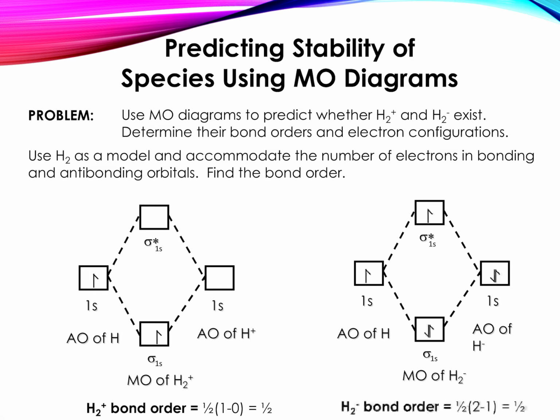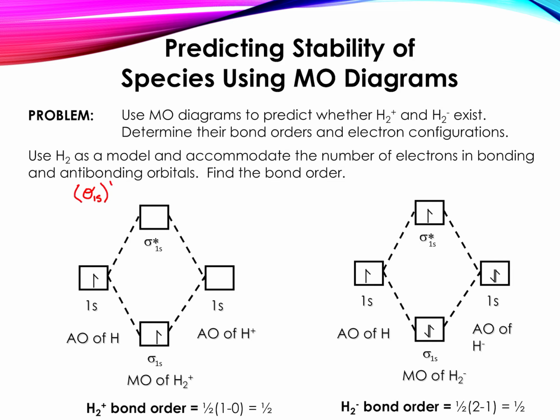This is why we don't typically see these molecules, H2 1+ or H2 1-, because they are very, very weak molecules. If we were going to write their electron configurations, H2 1+ has sigma 1s with 1 electron in the sigma 1s, and that's it.